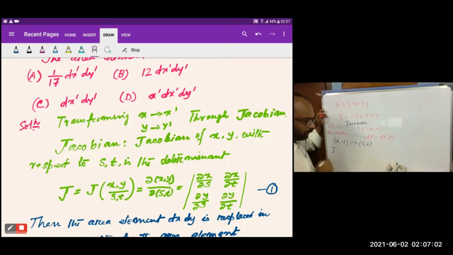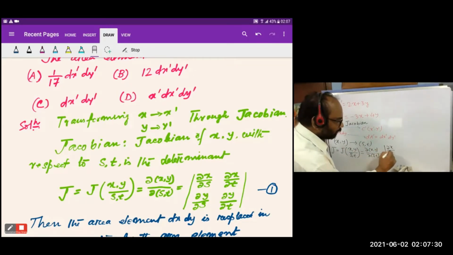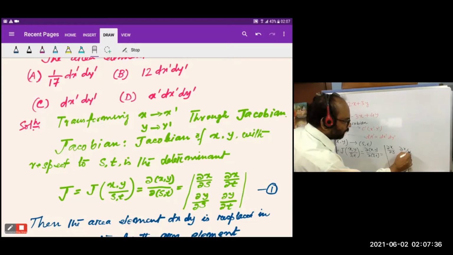Then Jacobian J is defined as J of xy with respect to st, that is nothing but del xy by del st, which is the determinant of del x by del s, del x by del t, del y by del s, del y by del t.